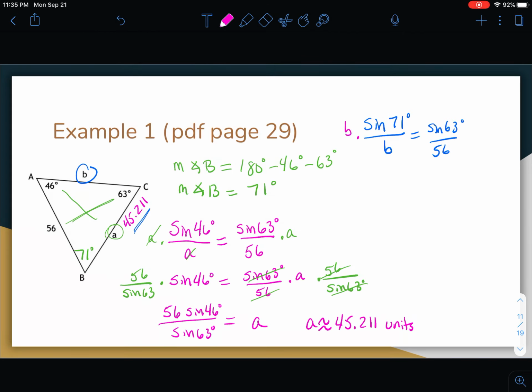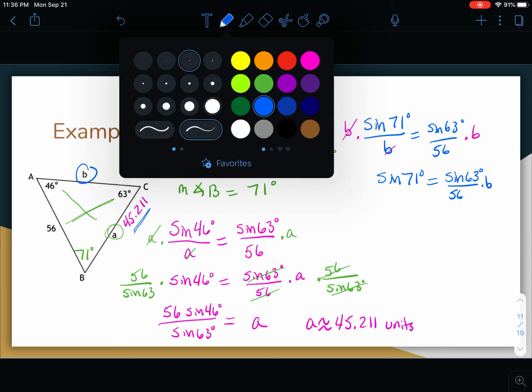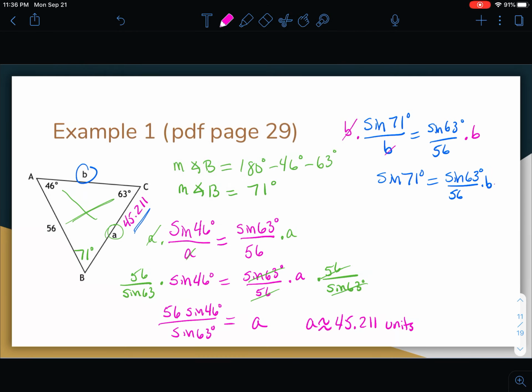Okay, I'm going to multiply both sides by B to get that B unburied from here. And so I'll have sine of 71 degrees equals sine of 63 degrees over 56 times B. And then in this case, I'll go ahead and multiply both sides by the reciprocal to get B alone.